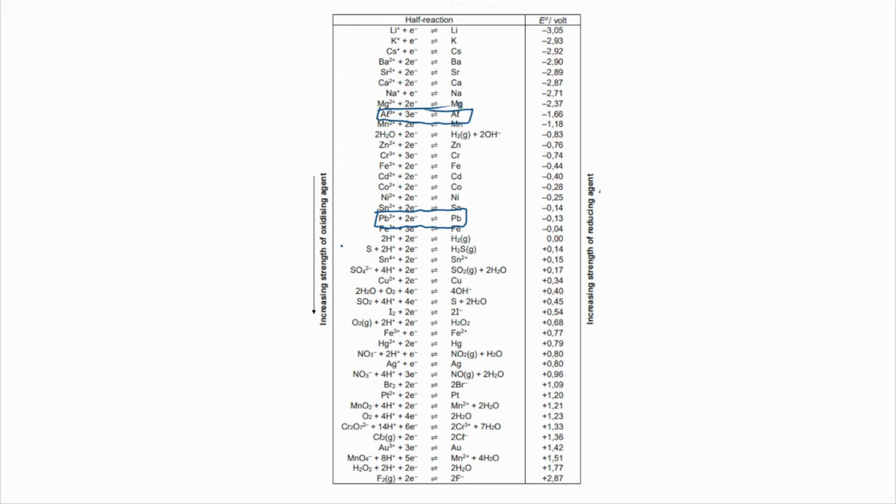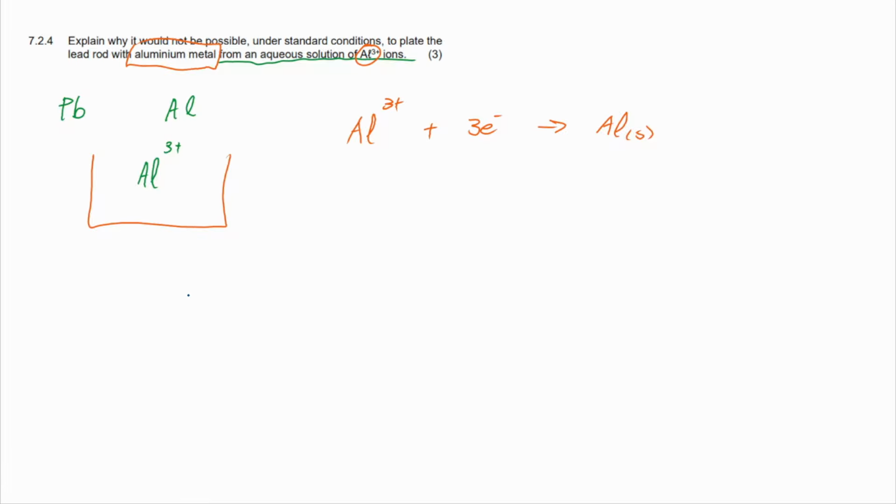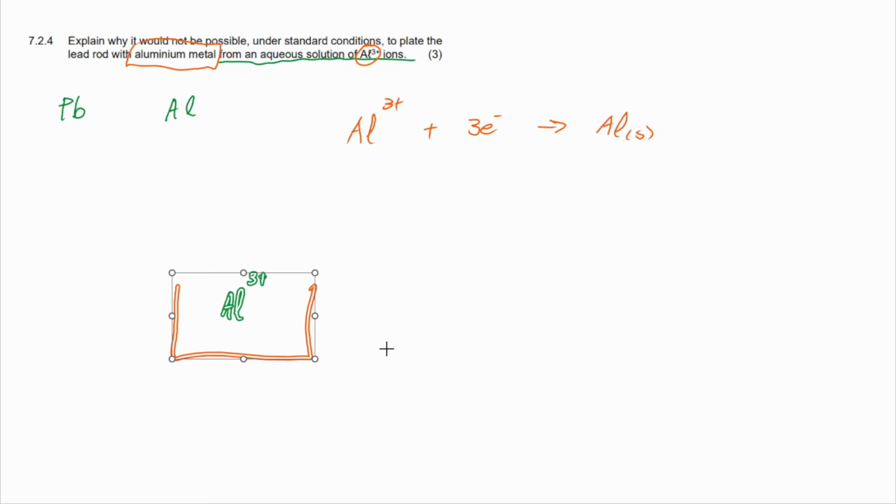All right, so let's also just analyze what we have in solution. So let me move this down a bit. In our solution, it's an aqueous solution, so we are going to have aluminium ions, aqueous. We are also going to have water in our solution, right? This will be our solution. Here's the walls of our container.